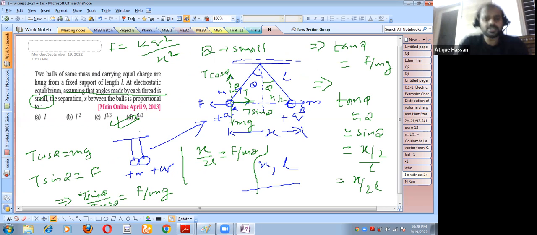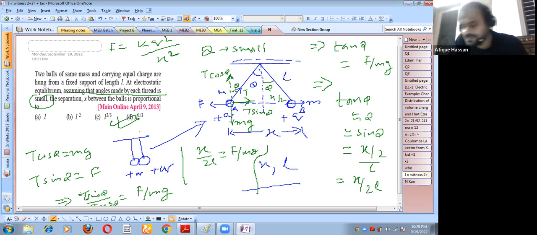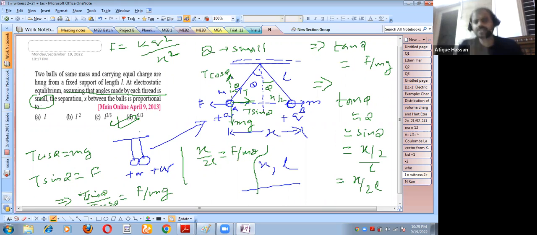Any doubt till here? No, sir. But I have to revise my 11th grade. What do you have to revise? The 11th grade concepts. From time to time I will dictate the things. Don't worry about that. Sometimes students have in their mind that they are weak in mechanics and so they cannot solve.